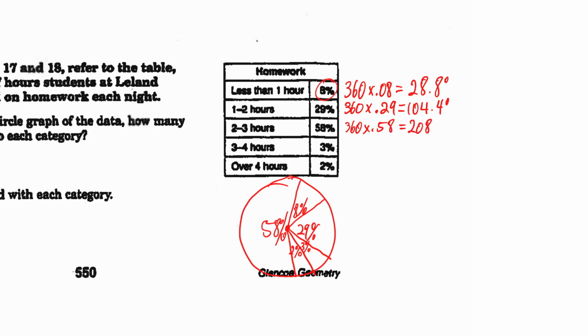Okay, so that's definitely the biggest slice, 208.8 degrees. Okay, 360 times 0.03, 10.8 degrees, and then 360 times 0.02, 7.2 degrees.